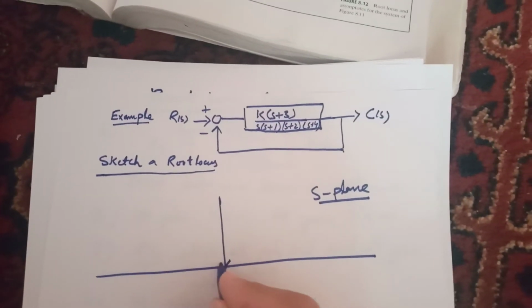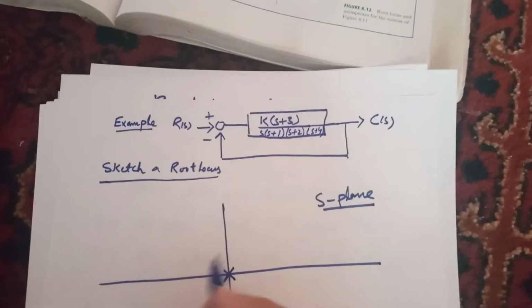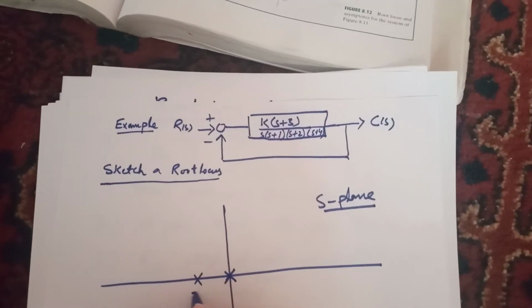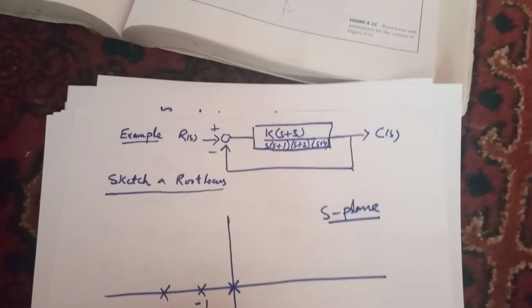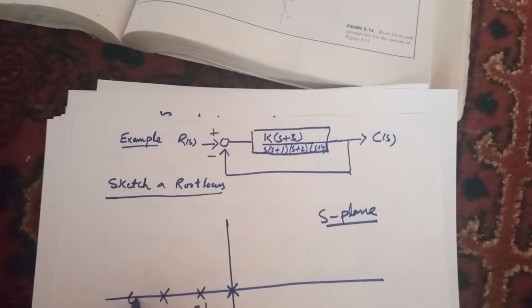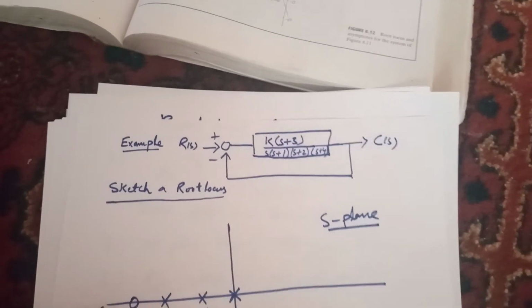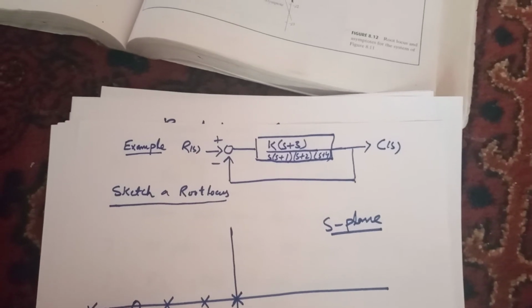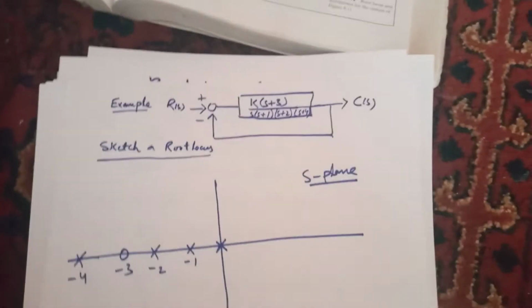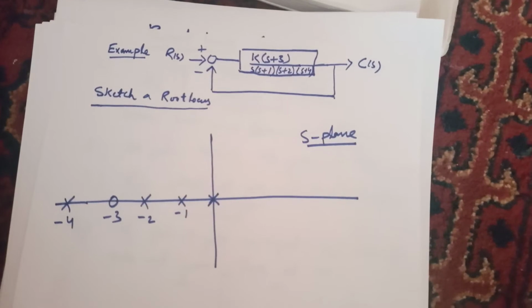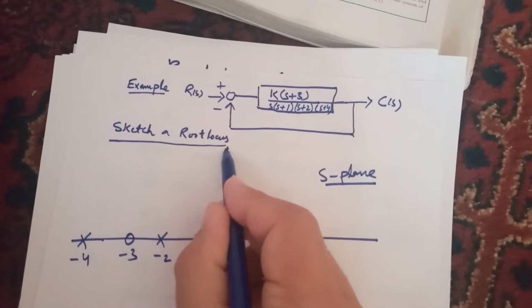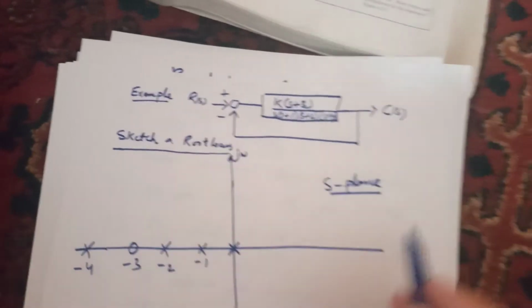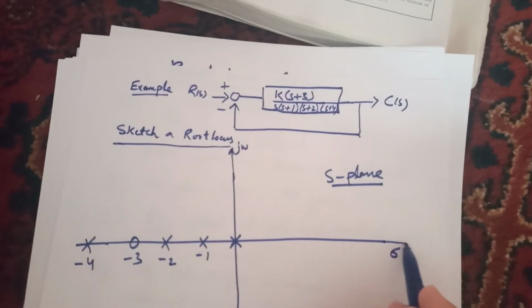So the first pole is at the origin, the second one is at -1, the third one at -2, then at -3 you have a zero here, and you have a pole at -4. This is the basic idea, that we just plot the poles and zeros. Okay, this is my j omega, this is my sigma.